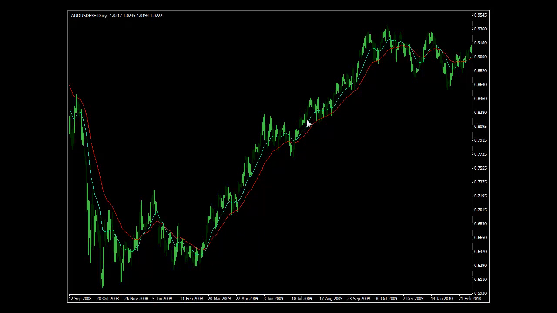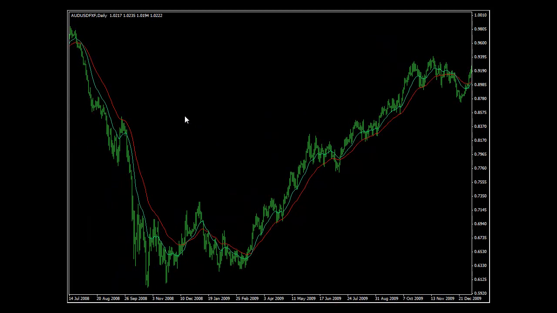I just want to give you a wide perspective. Very simple rules: if the 18 period exponential moving average on the daily basis is greater than the 40 period exponential moving average, you want to be looking for buy signals. If the 18 period is below the 40, it's very simple. You're looking for sell signals.